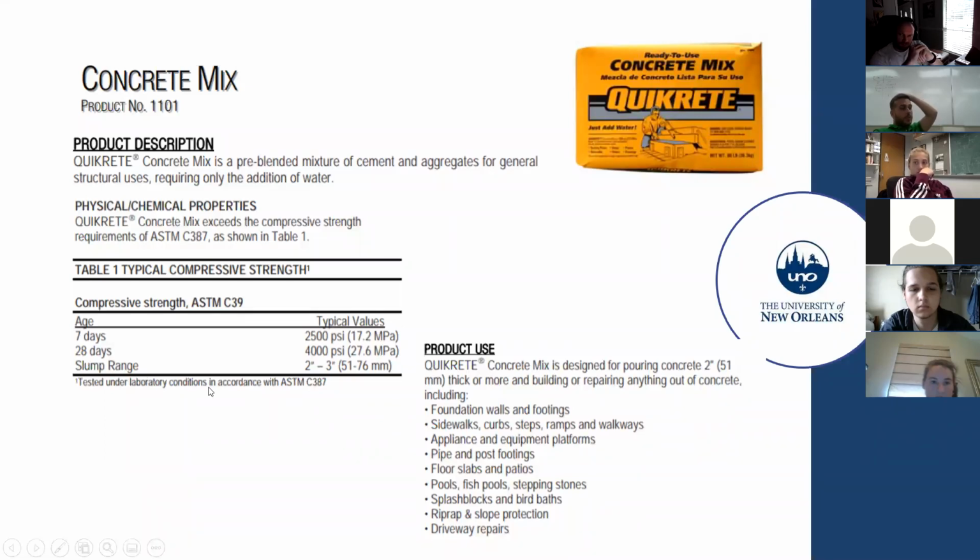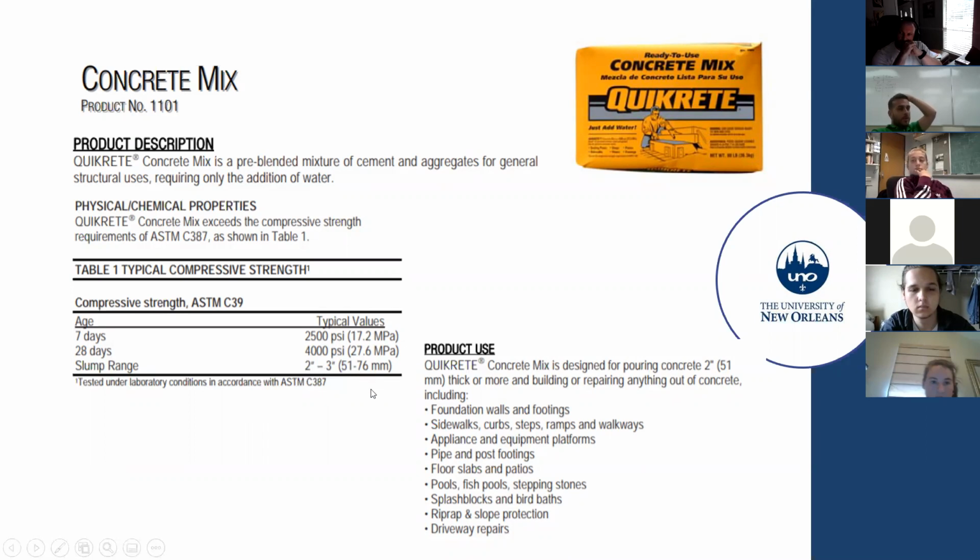Slump range. We didn't get into slump, but the only thing I explained about slump was that it tells you your concrete's workability. Slump range, and I'm expecting 2 to 3 inches. And we will see after I perform the slump test what the slump is. If it's not falling between 2 and 3 inches, that means something is wrong.